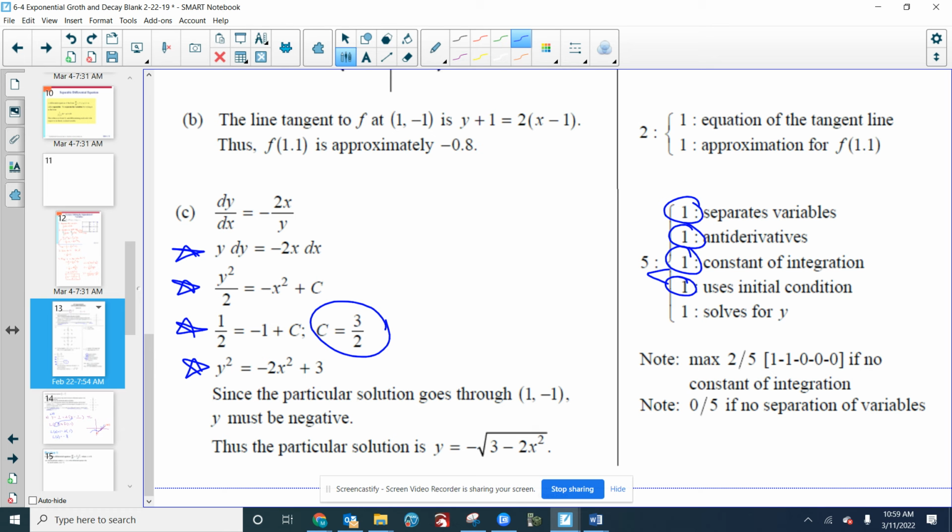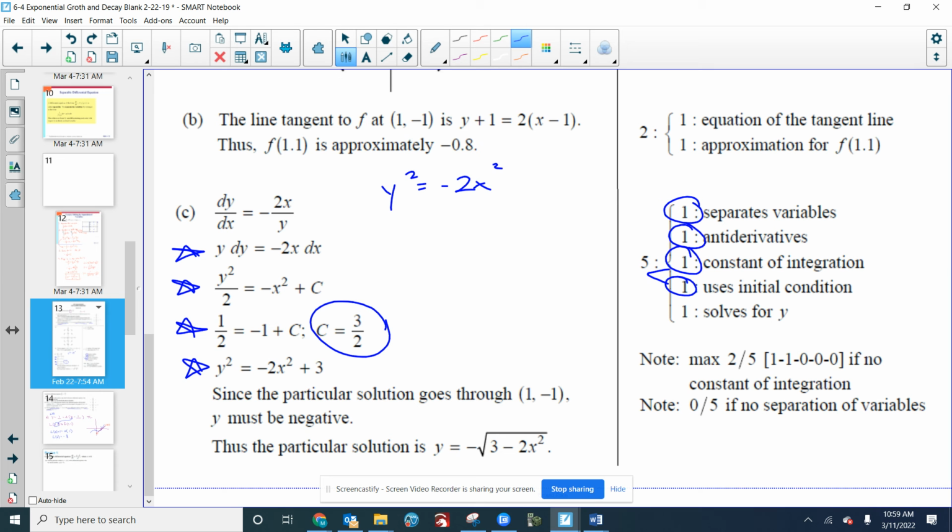I guess that's the second point. Okay. Last point is to solve for y. So here we go. Once you plug in 3 halves, you get y squared equals negative 2x squared plus 3. Oh, they multiplied by 2 already.